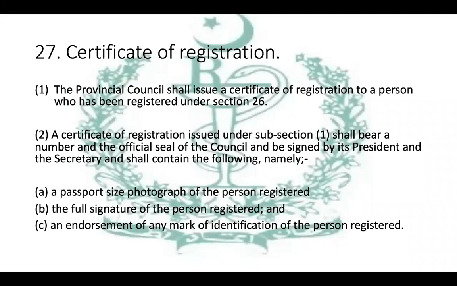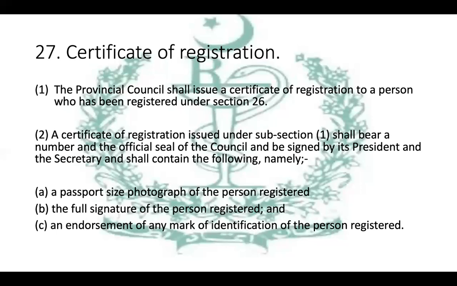That is known as your category. They issue it for 5 years, then after 5 years you apply again for renewal. So under section 27, they issue a registration certificate. If you qualified under section 26, the Pharmacy Council of that respective province will issue a registration certificate.